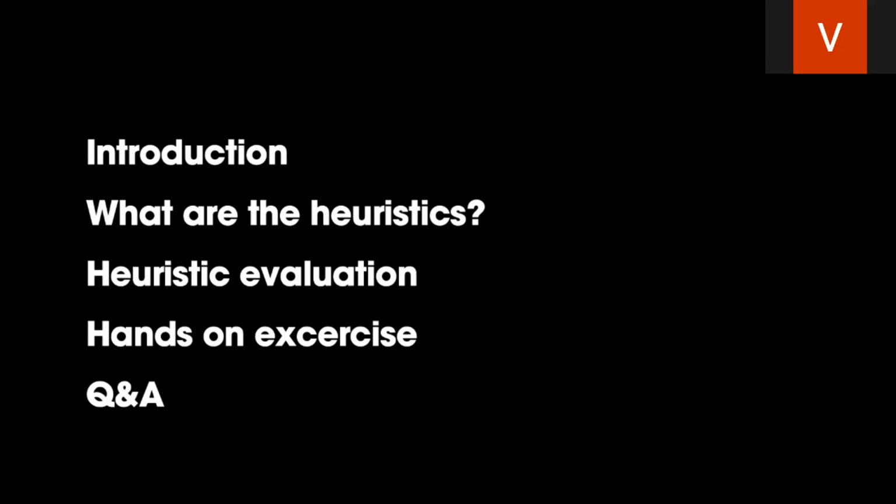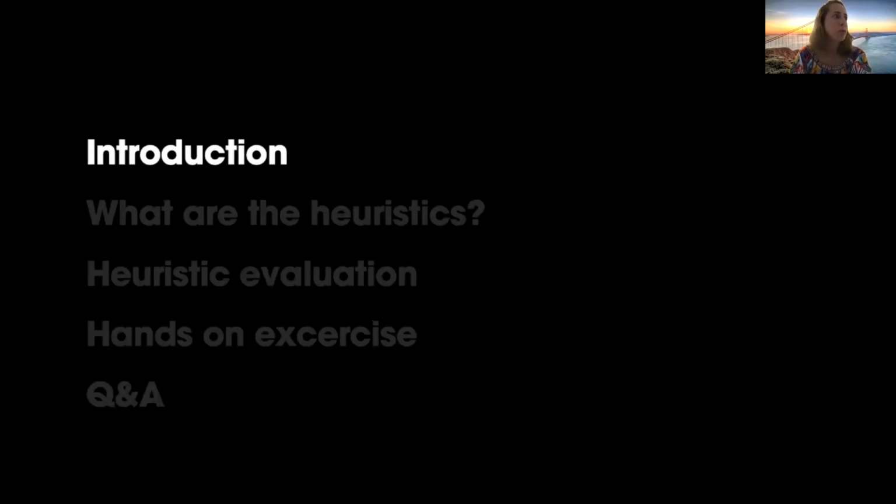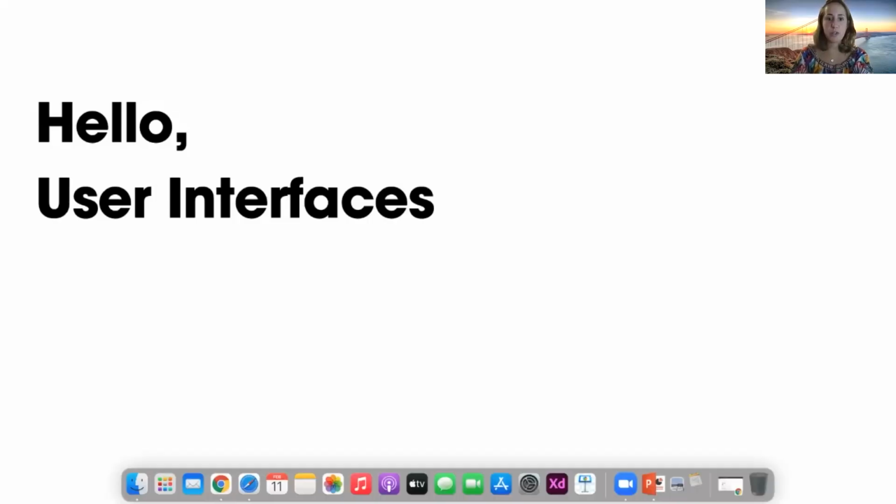We will have exercises, a couple of quizzes, and some examples to share. If you have any questions at any point, please drop them in the chat. We will be monitoring them as we speak. So we will get started with the introduction, of course.